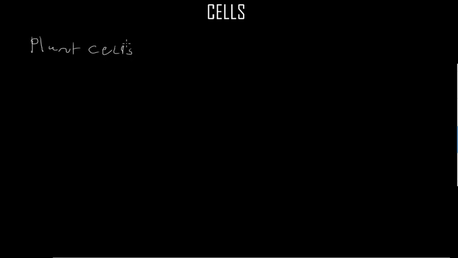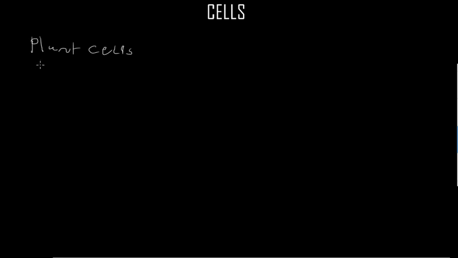What structures are common in a plant cell? So apart from the nucleus, apart from the cytoplasm, and apart from the cell membrane, plant cells have other structures present. What other structures are present in the plant cell?